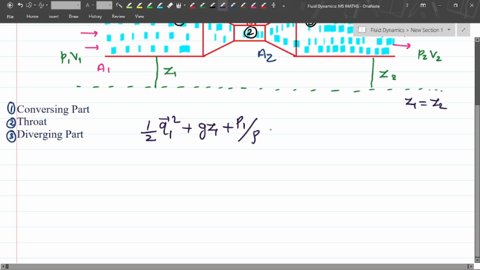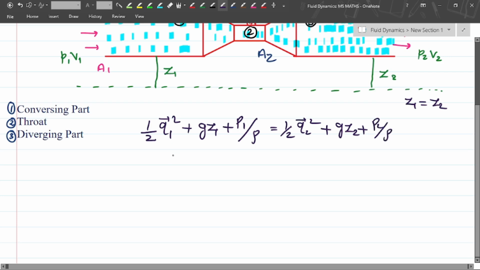Now it is equal to, because of the conservation of energy, the same expression for the second part: q2 square over 2 plus g z2 plus P2 upon rho.